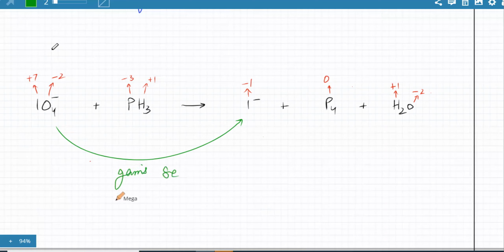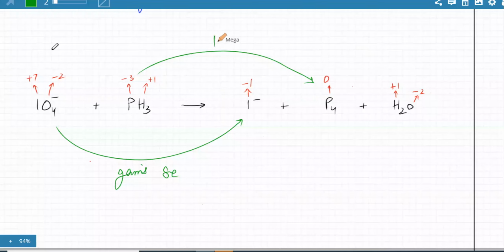So you were going from +7 all the way to -1, that's a difference of 8. So you're gaining 8 electrons. And the substance that's getting oxidized, that's phosphorus, because it goes from -3 all the way to 0. Its charge is increasing, it's getting oxidized, so it lost a total of 3 electrons. So it's losing 3 electrons.